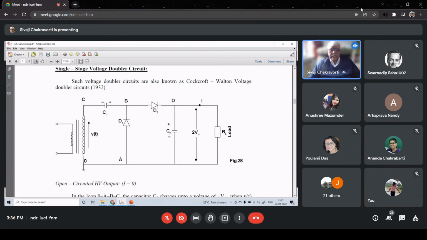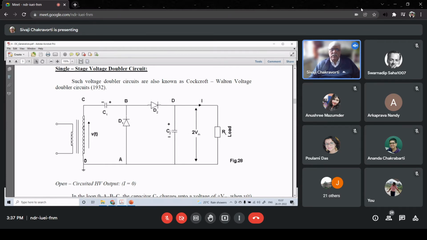But immediately after that peak, the secondary terminal voltage goes down, and immediately the potential of terminal D is no longer 2Vm. So even in that half cycle, after that peak voltage, the diode D2 will not be forward biased, it will be reverse biased.